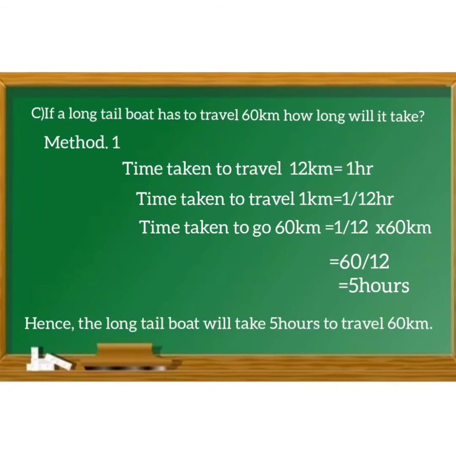So, time taken to go 60 km is equal to 1 by 12 into 60 km. That is 60 divide 12, which is 5 hours. Hence, the long tail boat will take 5 hours to travel 60 km.